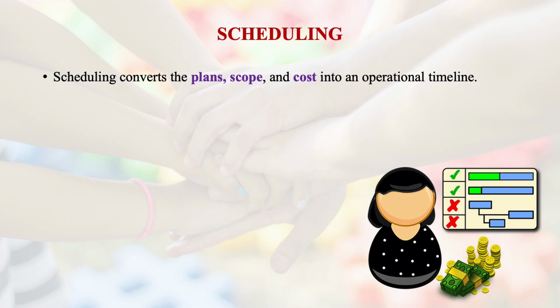Another issue which relates to scheduling is that scheduling converts the plans, scope and cost into an operational timeline. Now that's a very interesting statement, because the plans and the scope and whatever you are stating now ultimately has to be put in the form of complete timelines.